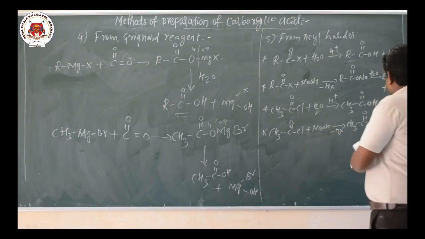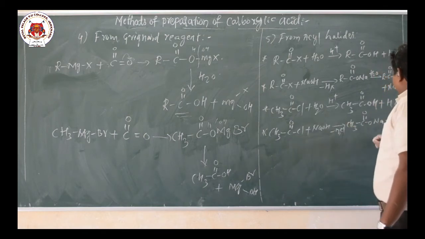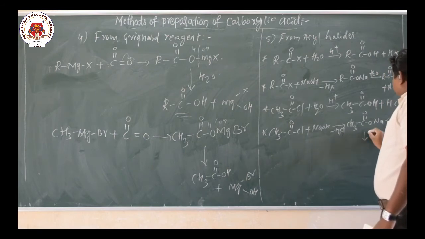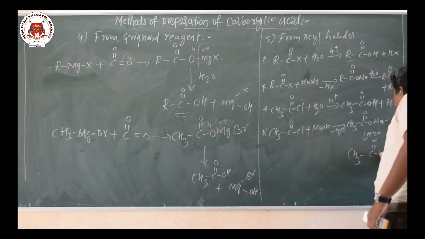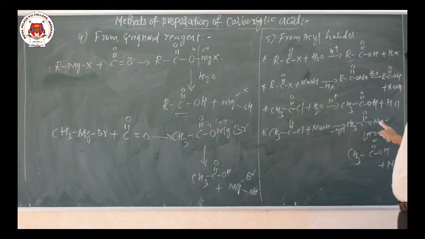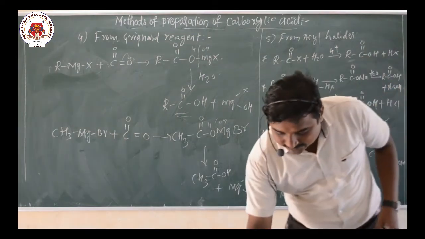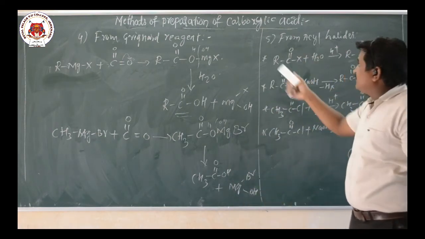So here I have written HCl liberated, which on hydrolysis with H2O, the product is CH3COOH plus NaOH. The OH part of this water adds to the Na, so there is a formation of NaOH, and the H part adds to this side, hence the product is CH3COOH, carboxylic acid. So this is another method for the preparation of carboxylic acid, acyl halide from Grignard reagent.